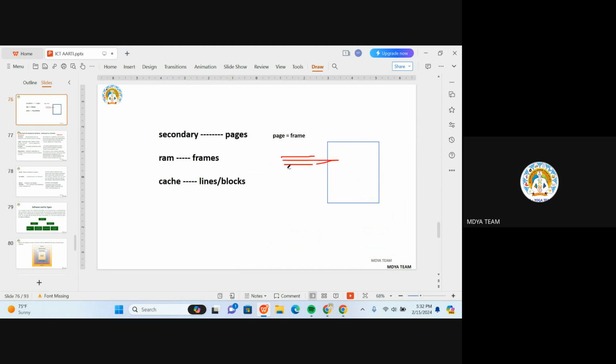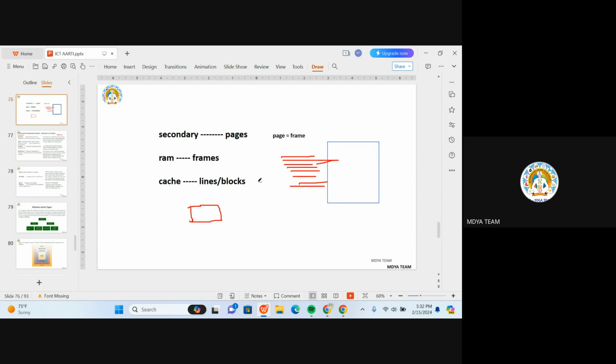These are the pages. In this form, data is stored in the hard disk. And in RAM, what we are showing now on the screen is like one frame. So one frame is equal to one page. There are so many, uncountable pages in the hard disk.